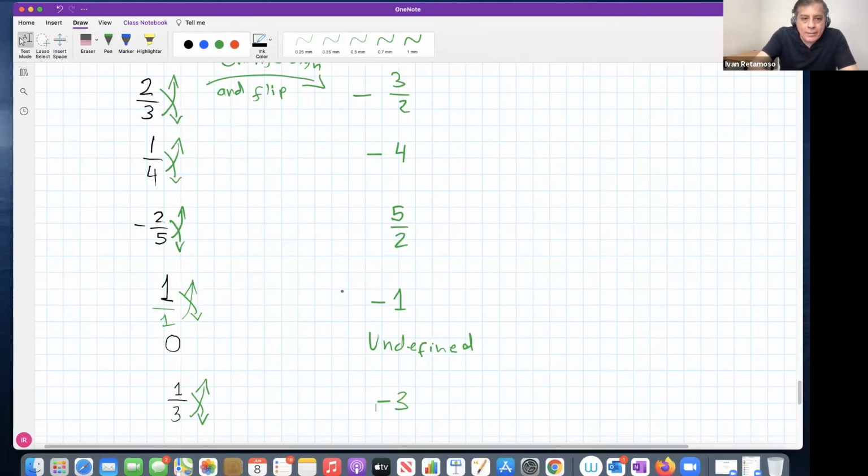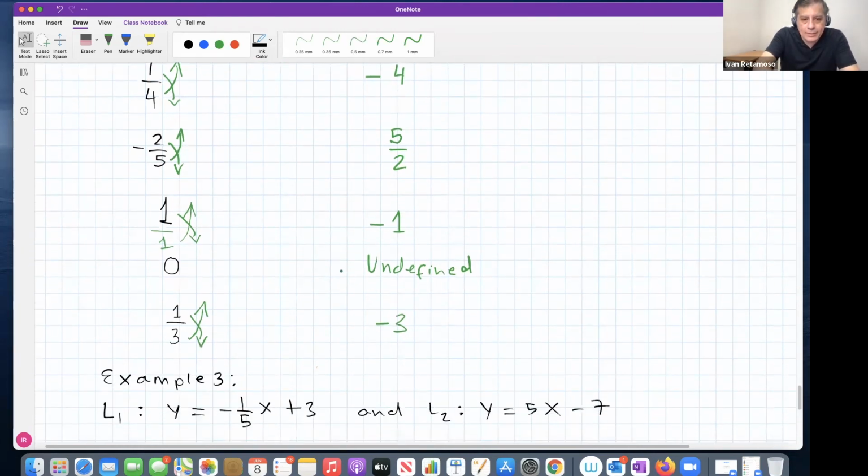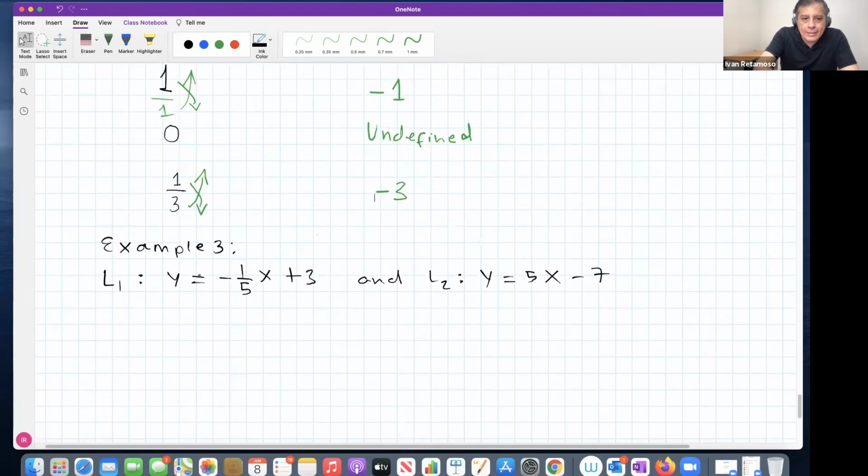Okay, guys, now that you have mastered how to go from the slope of a given line to the slope of a perpendicular line, let's try to do some exercises. First exercise, and try to remember this for your homework. They are giving you 2 lines here, and by looking at their slopes, you can say something.